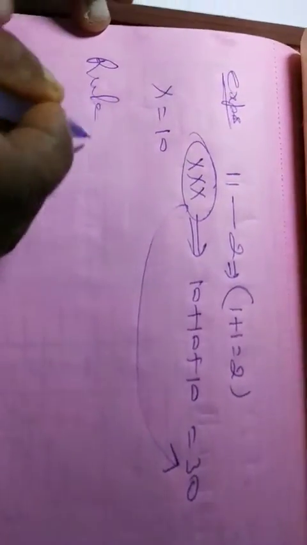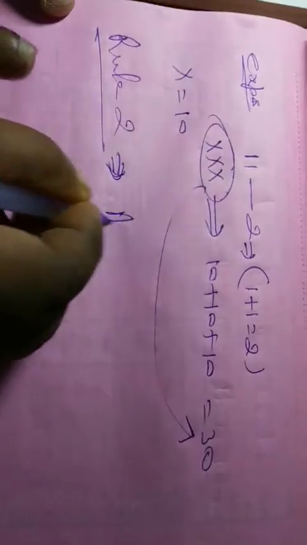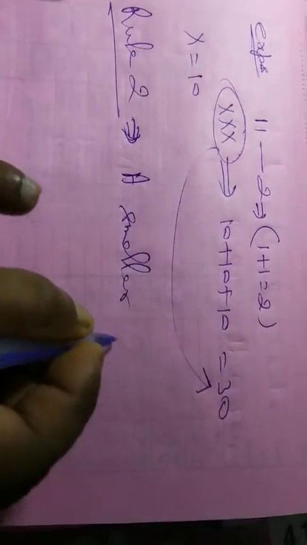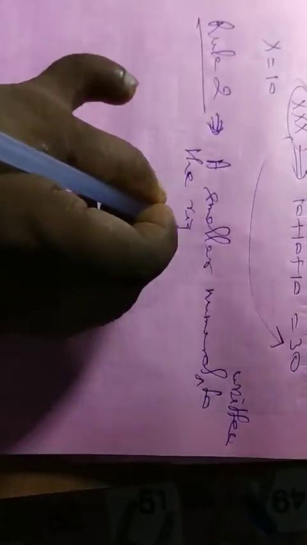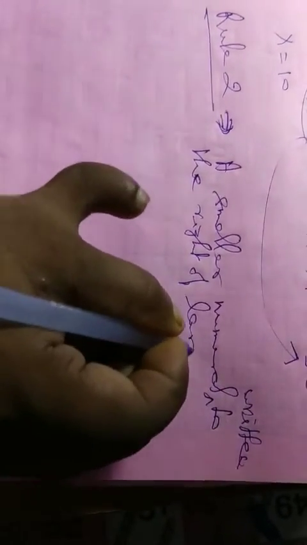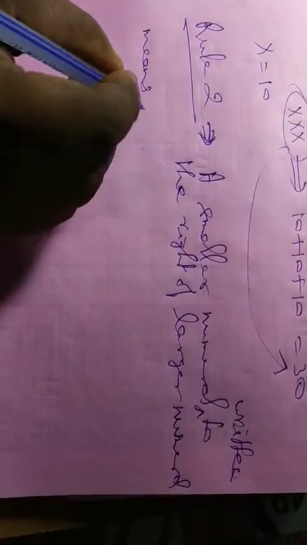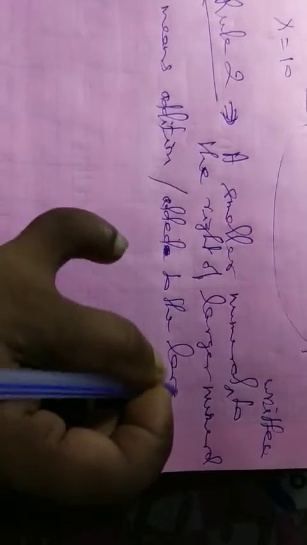Now rule number 2. A smaller numeral written to the right side of a larger numeral means addition; it is added to the larger numeral.